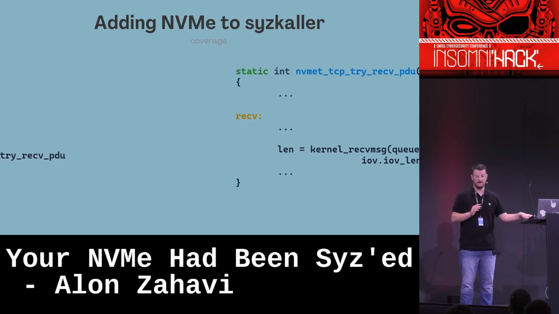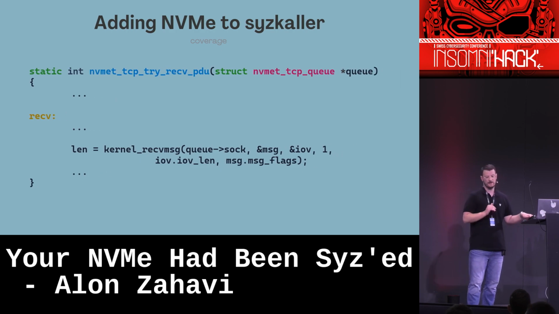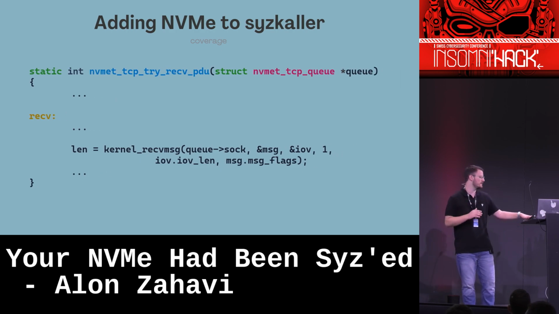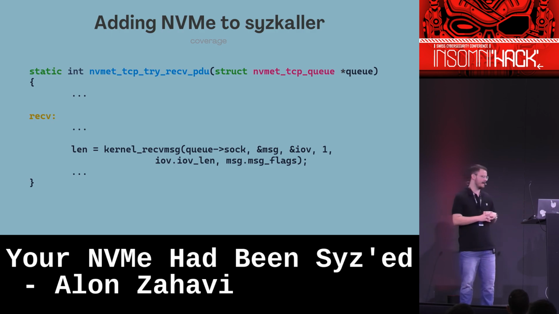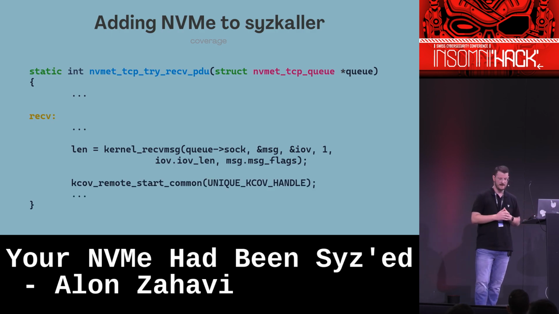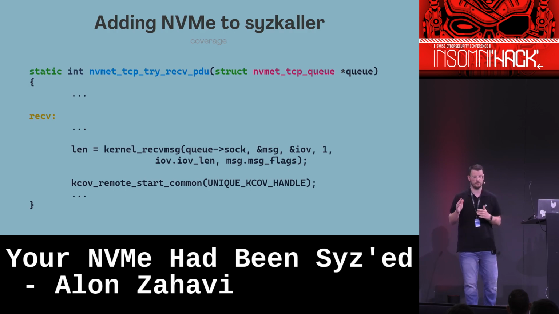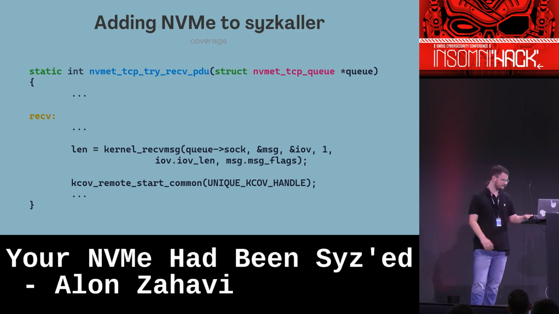In there, you can see that we have kernel_recvmsg, which is the function that gets the message header, which holds the actual payload of the TCP packet. We decided to just start the remote kcov from there.